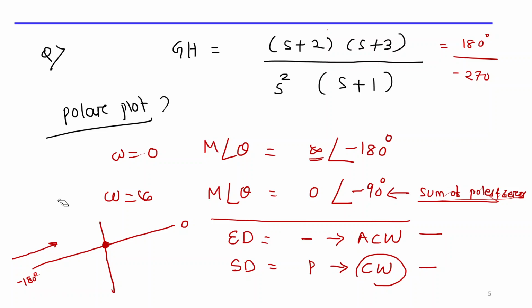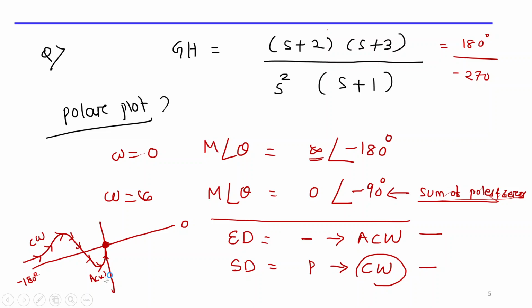You cannot start in the anti-clockwise; you have to start in the clockwise direction, move like that, then move in the anti-clockwise direction and reach like that. It will cross the axis. This is the starting direction, which is clockwise. The ending direction is anti-clockwise.